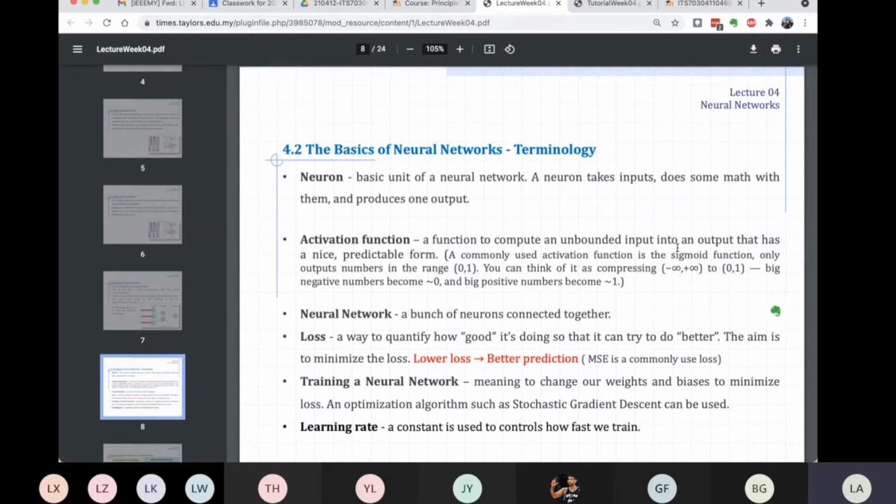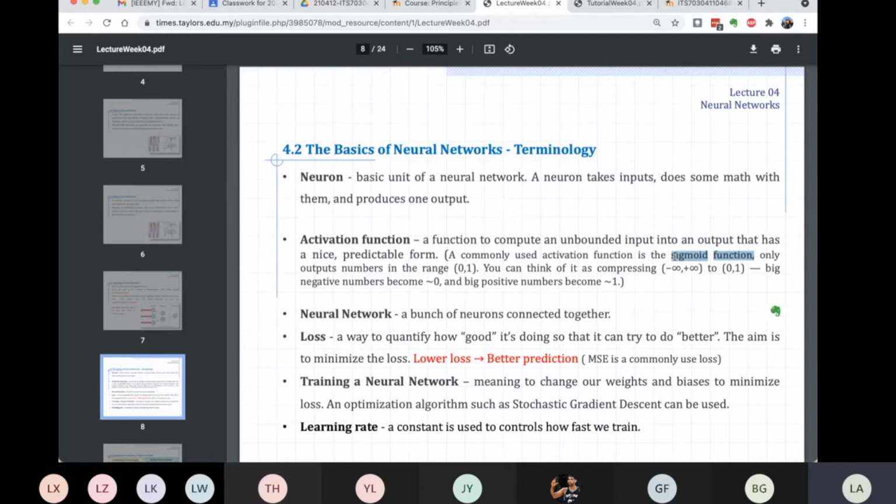A commonly used activation function is the sigmoid function, which only outputs numbers in the range of 0 to 1. You can think of it as compressing negative infinity to positive infinity into 0 to 1. Big negative numbers become near 0, and big positive numbers approach 1.